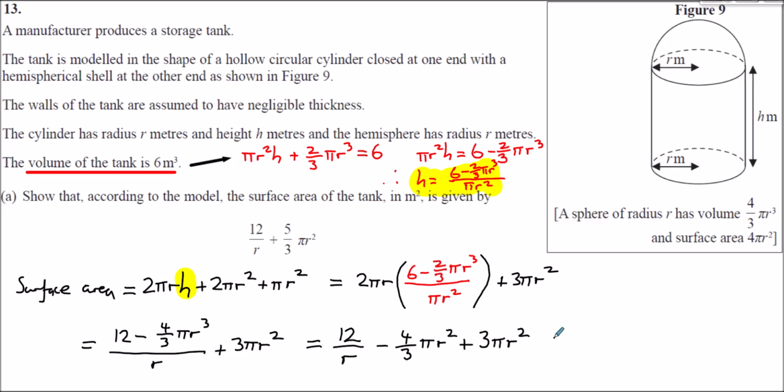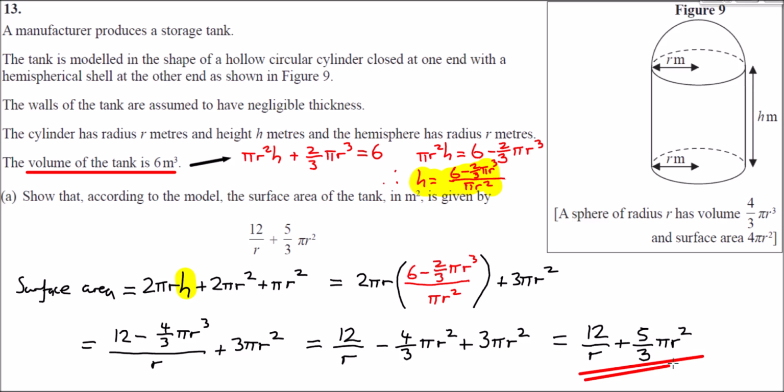And then we've got it, because 3 is the same as 9/3, so 9/3 take away 4/3 does indeed leave us with 5/3. So we get 12 over r plus 5/3 of pi r squared, which is exactly what we wanted to prove, and so we're done.